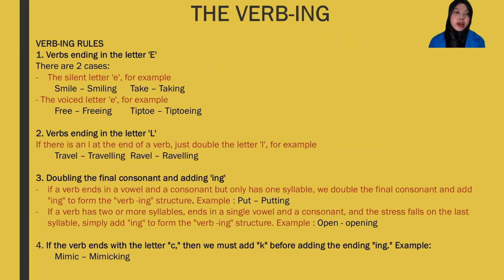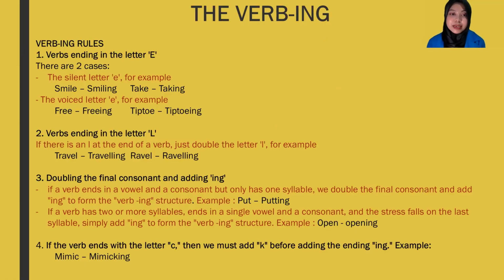The verb ing. First, verbs ending in the letter E. There are two cases. The silent letter E, for example, smile becomes smiling, take becomes taking.